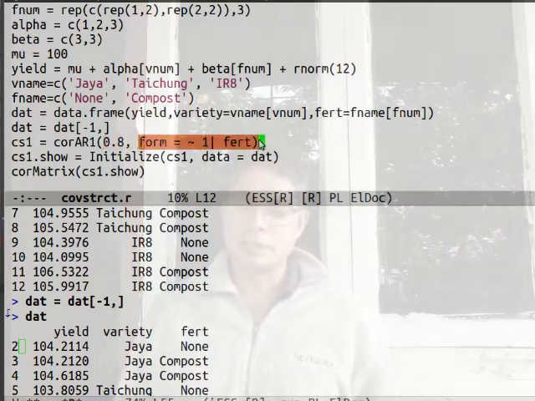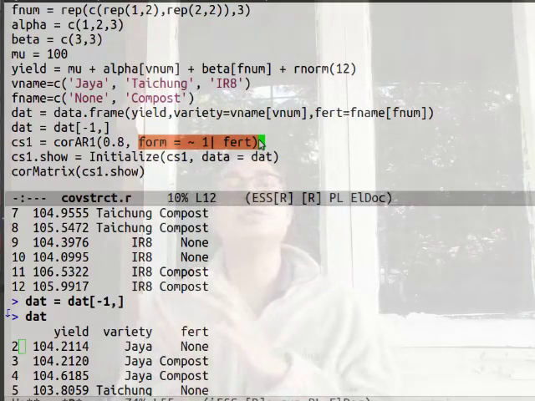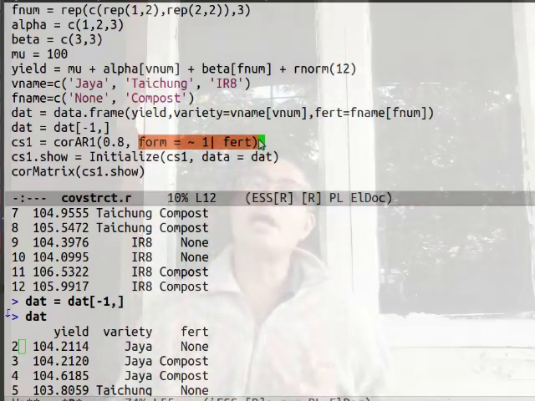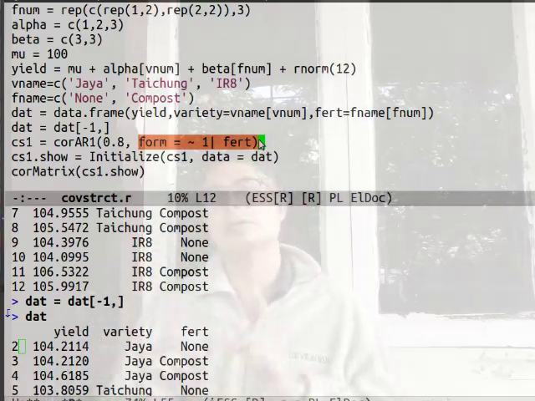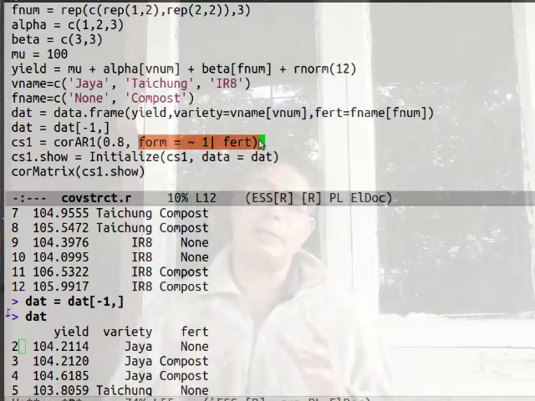Now comes the most weird part. What I want to say is that for each layer of fertilizer, that is for all the cases where J is the same, they are all correlated. So I am really creating those blocks. The way I wrote it in the last video, you saw that a block structure need not remain a block structure in the overall covariance matrix of epsilons, because the blocks may be scattered all over the place.